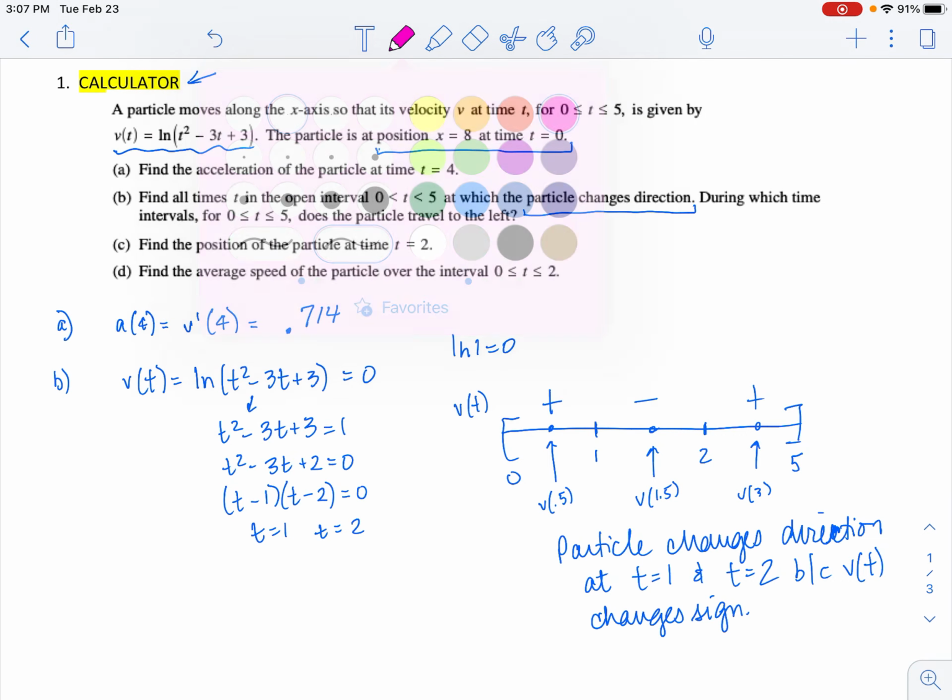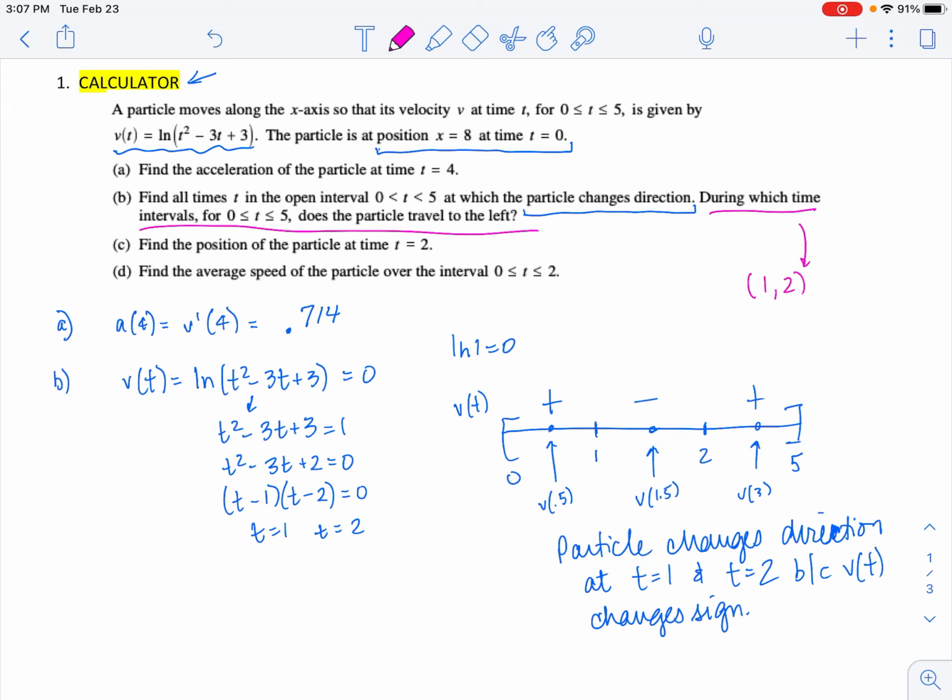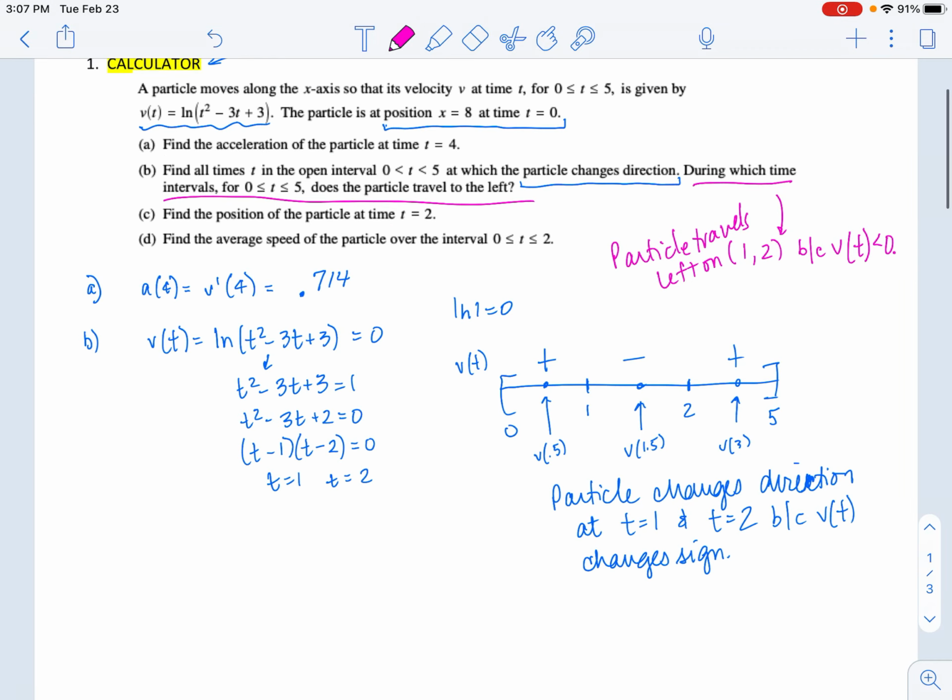And because I know I'm going to run out of room here, I'm going to answer this question up here in the pink. The particle travels to the left from 1 to 2, because velocity is negative. Okay, so that addresses both parts.